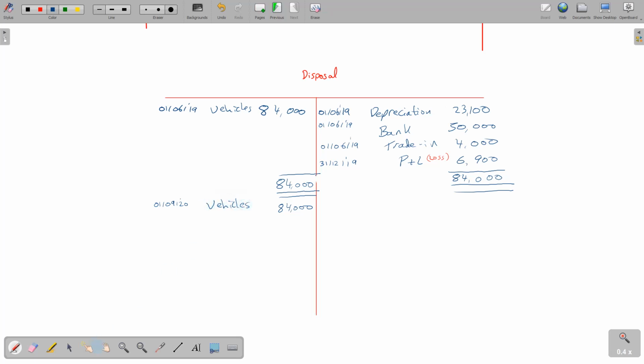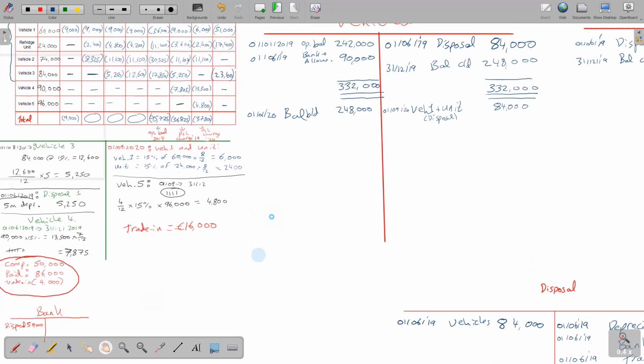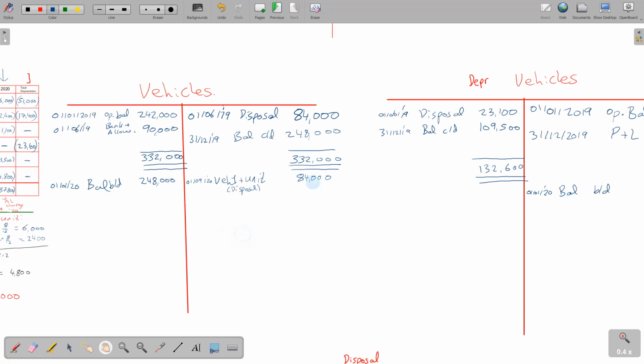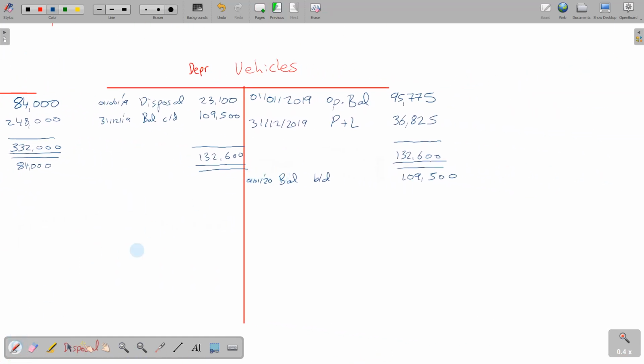So it's vehicle plus the refrigerator unit. Now the depreciation is going to be 51,000 plus 17,400. So that's 68,400. 68,400 to disposal.